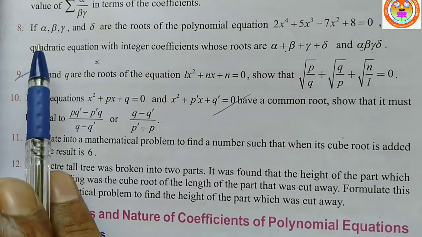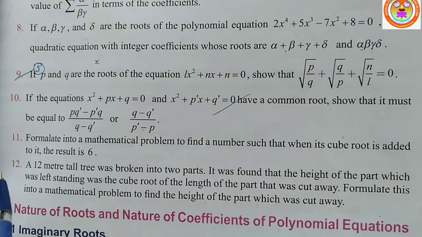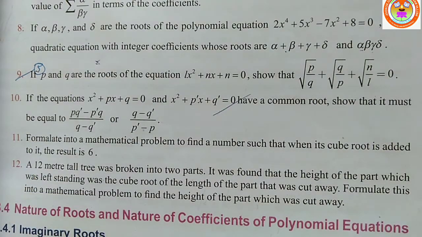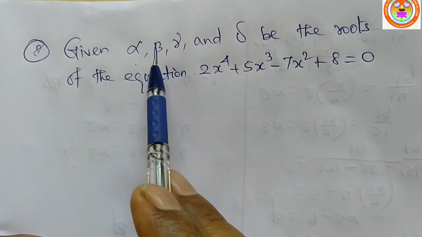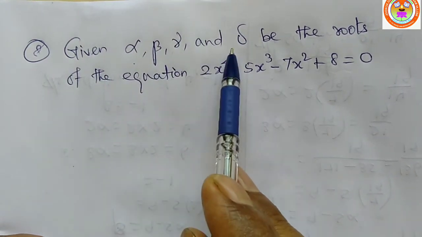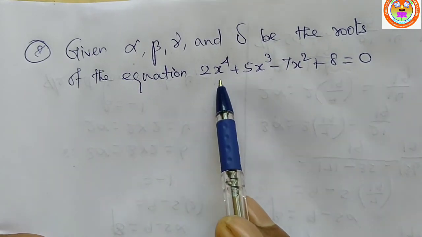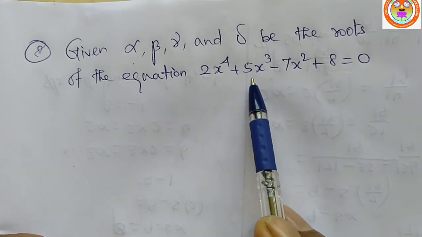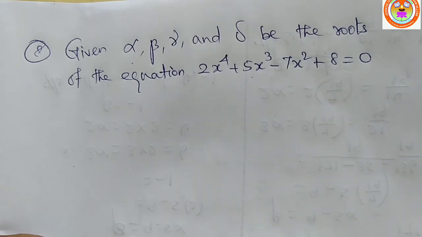The roots are given as alpha, beta, gamma and delta, of the equation 2x^4 + 5x^3 - 7x^2 + 8 = 0.